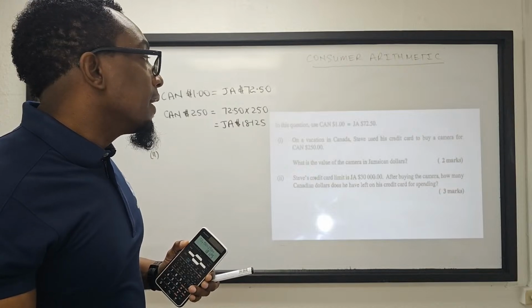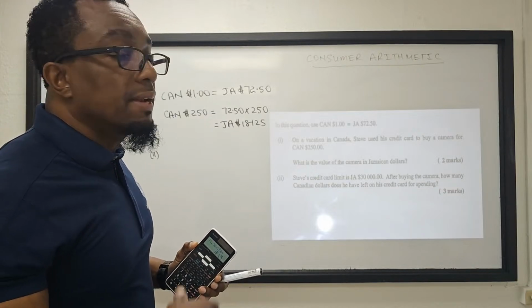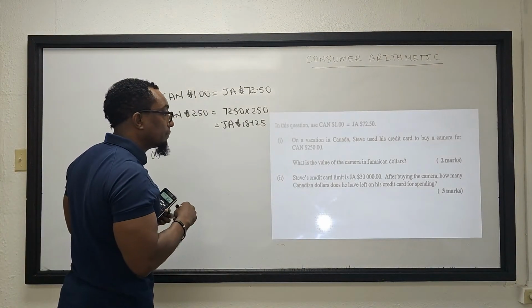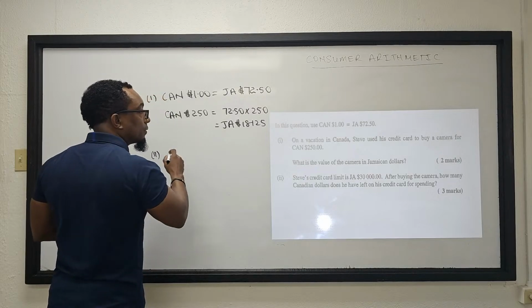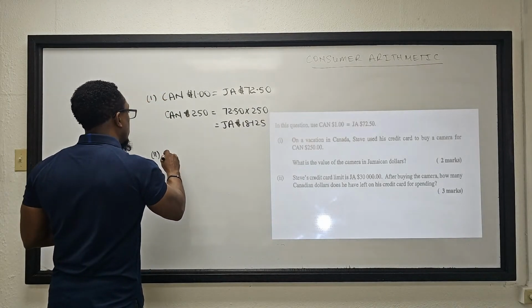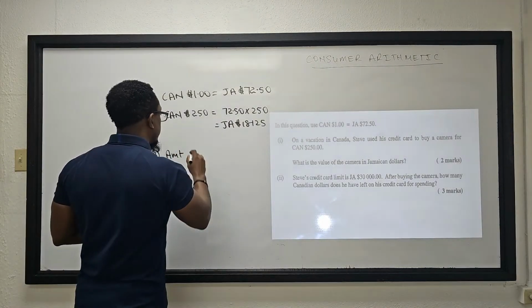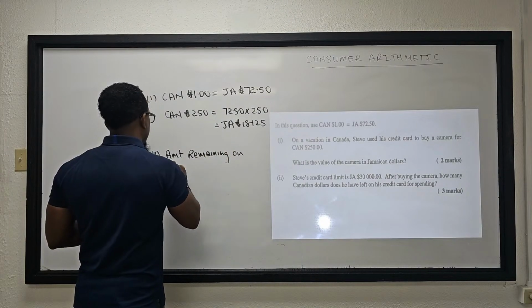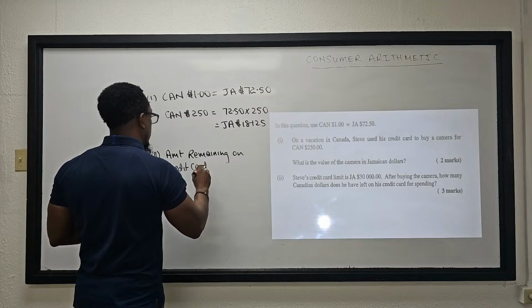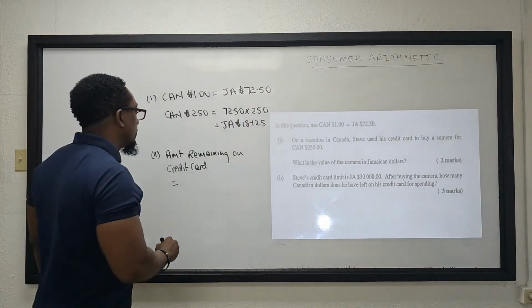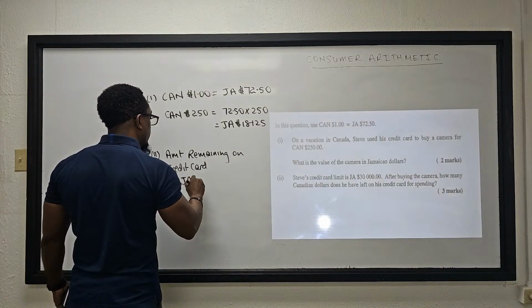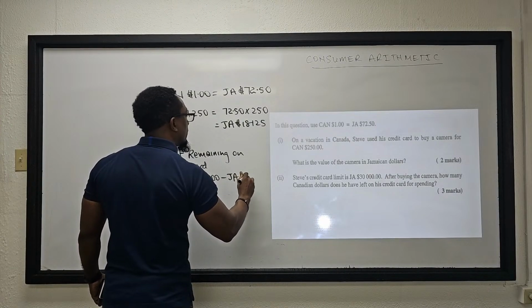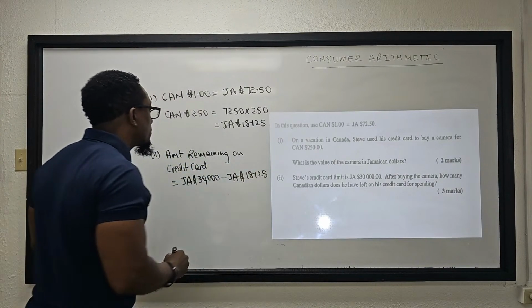So we know that the amount remaining on credit card will be equal to Jamaican $30,000 subtract Jamaican $18,125.